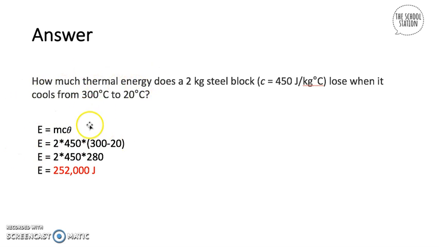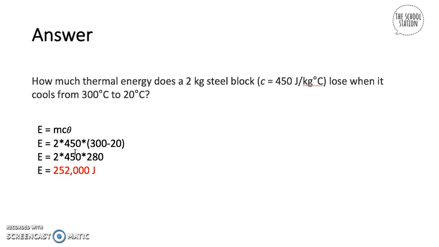The mass is 2 kg, so we put 2 times 450, because it clearly says over here that c is equal to 450 joules per kg per degree Celsius, and then times 300 minus 20.